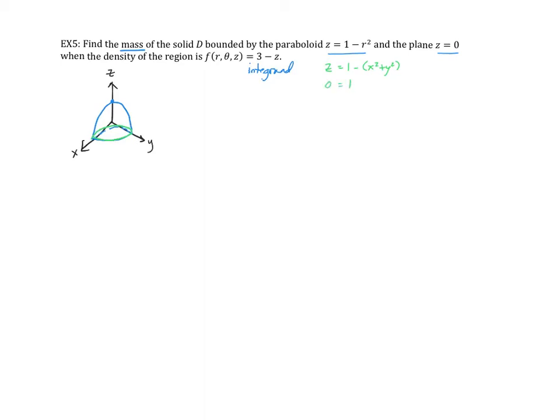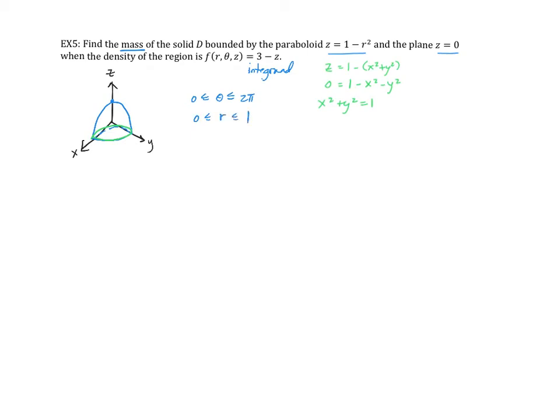So this is going to be 1 minus x squared minus y squared, which gives me x squared plus y squared equal to 1. So that region in the xy plane is just simply the unit circle. That also tells me my theta values. It's a complete circle, so my theta values are going to go between 0 and 2 pi. Since it's the unit circle, my r values are going to go from 0 to 1.